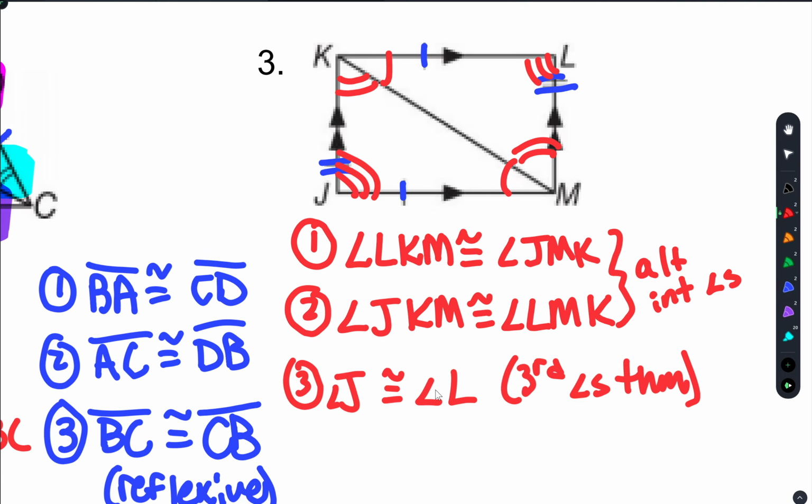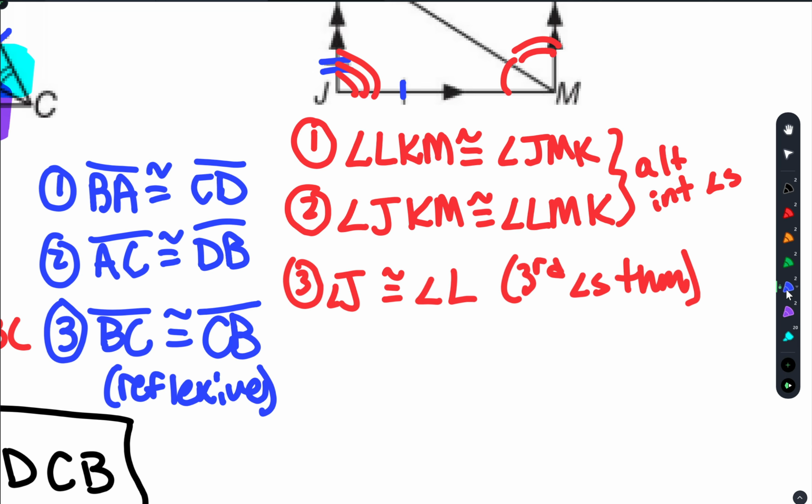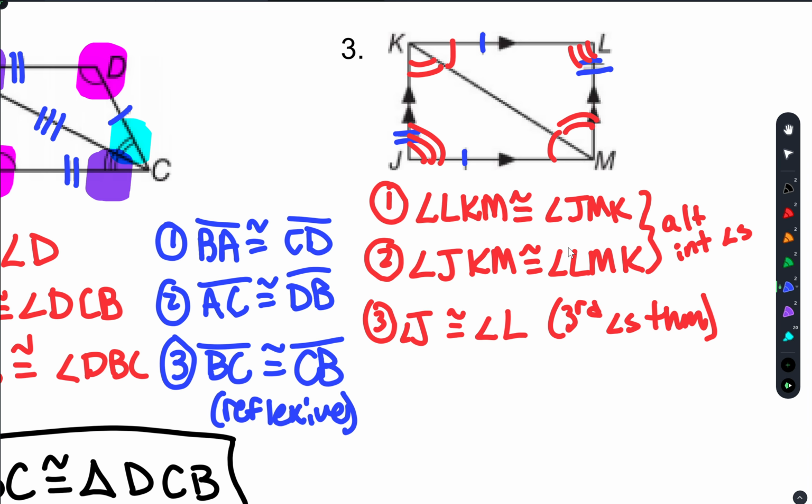Okay, beautiful. Now I got to work on the sides. I have ones that are given to me. So let's do those givens. The 1 tick marks. 1 tick marks JM, 3 tick marks to 1 tick mark for those angles there. JM congruent to LK. 2 tick marks. Let's do JK to LM.